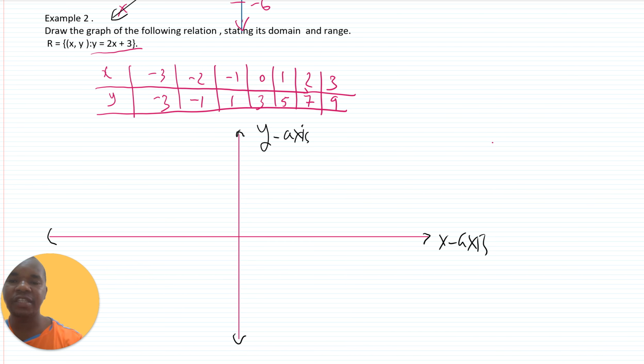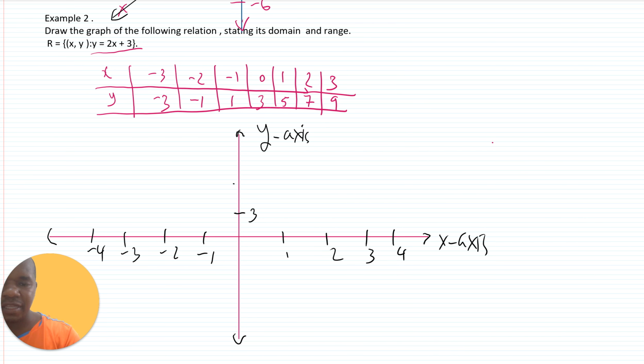You can just sample x as +1, +2, +3, and so forth, then -1, -2, -3, -4. Then for y values, you can start with 3, 6, 9, -3, -6, -9.